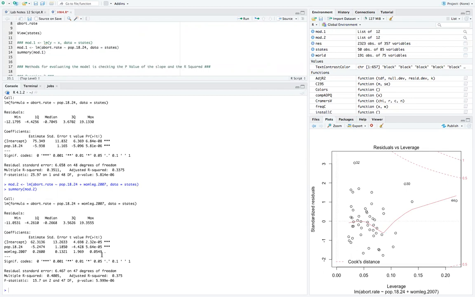The other things that we're going to look at is, when we had just population on its own, for every one, the slope was a negative 5.938. Well, now we have a negative 5.2474. So it did actually change that number, but only slightly, about 0.7. So not a whole lot.